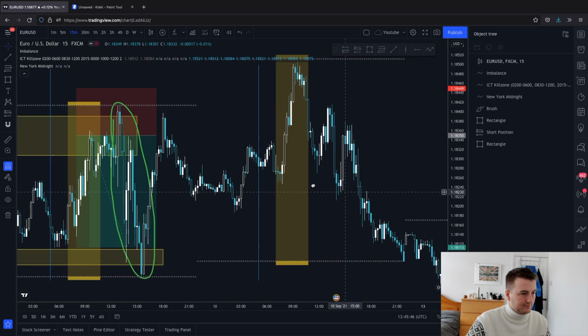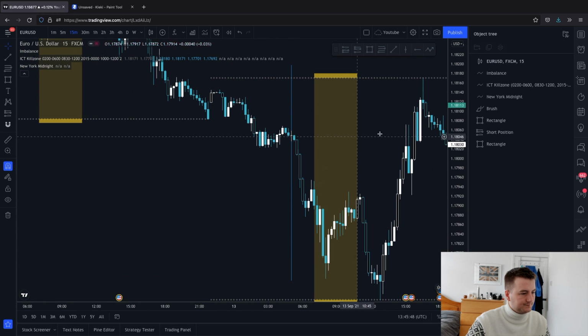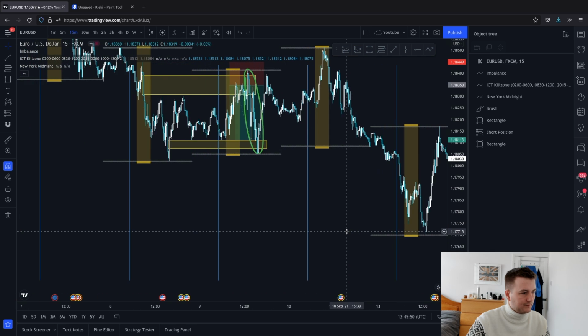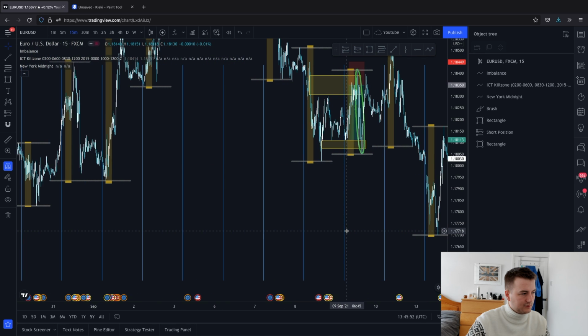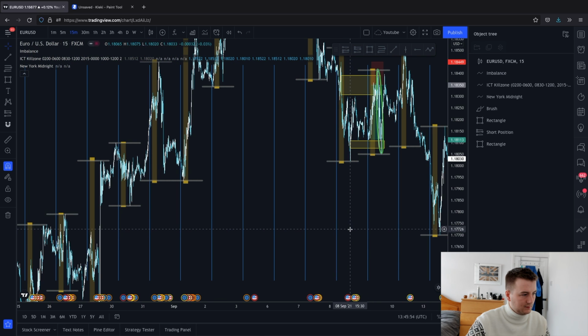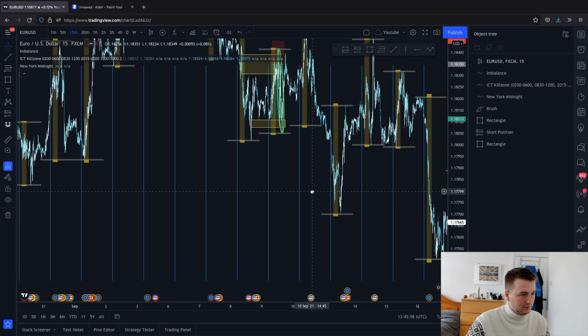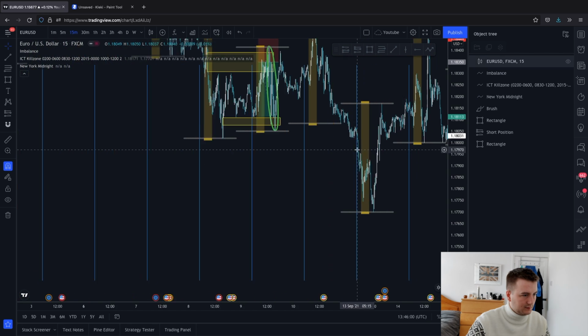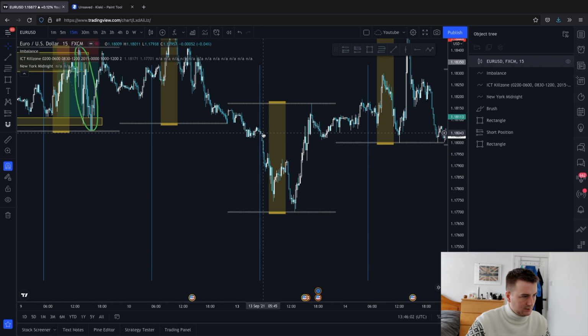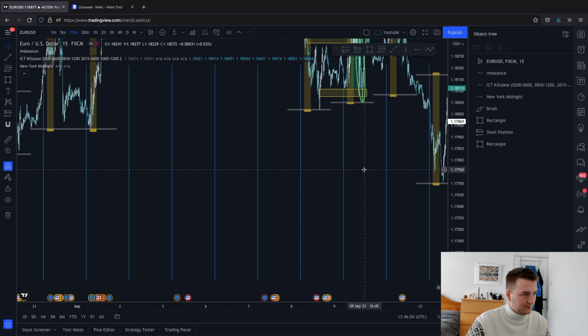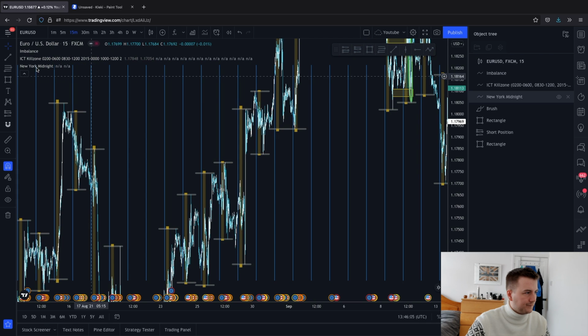So the next day comes along, and we zoom out, try to find some imbalance for this day. And price, yep, so we've got this level right here.